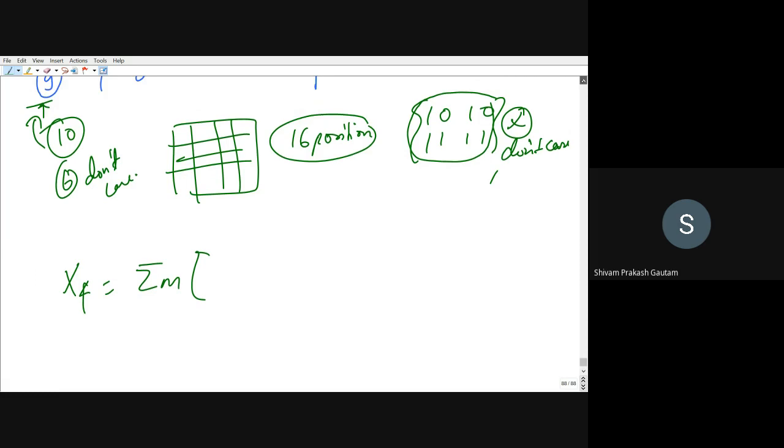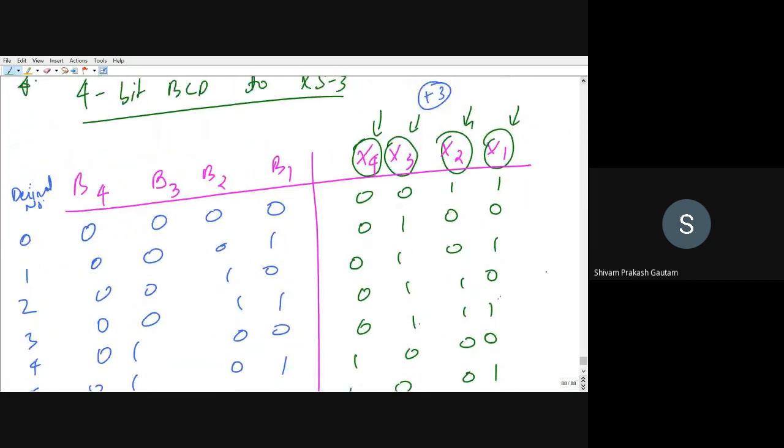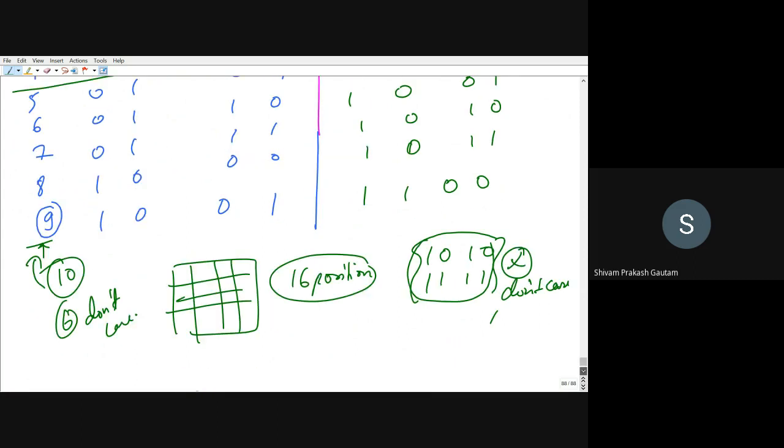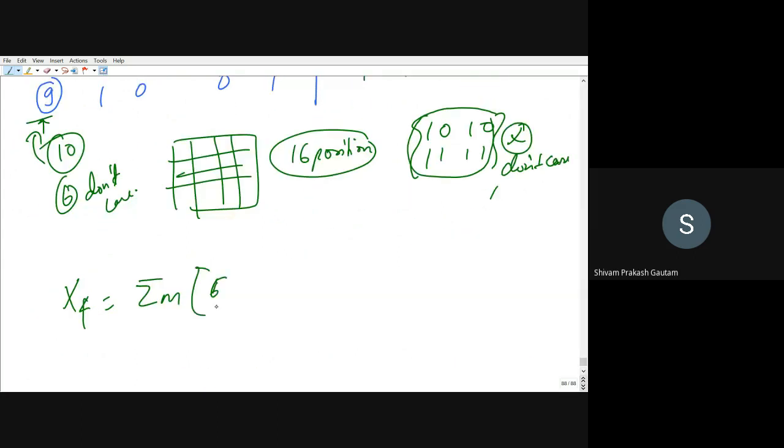Just see where X4 is 1. X4 is 1 from 5 onwards: 5, 6, 7, 8, and 9. Plus don't care, which is 10 to 15: 10, 11, 12, 13, 14, and 15.